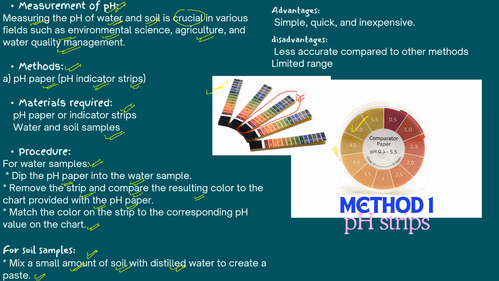The advantages are that it is simple, quick and inexpensive. And the disadvantage is that it is less accurate compared to the other methods, with a limited range. Correct, this happens. So this method 1 is the pH strip.